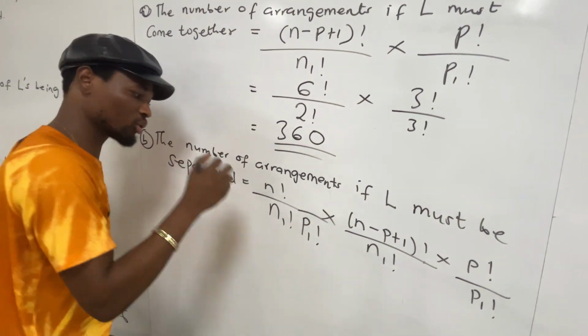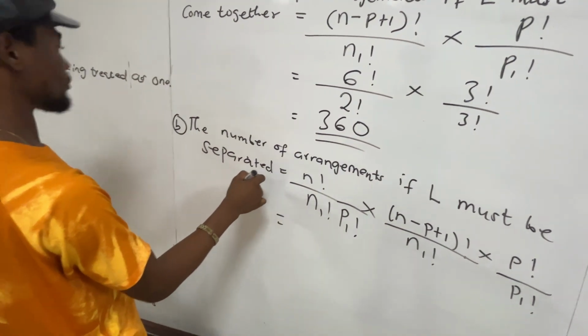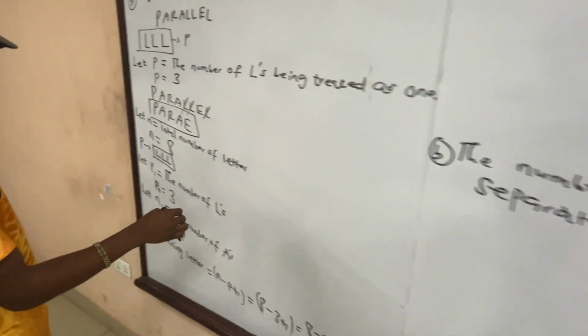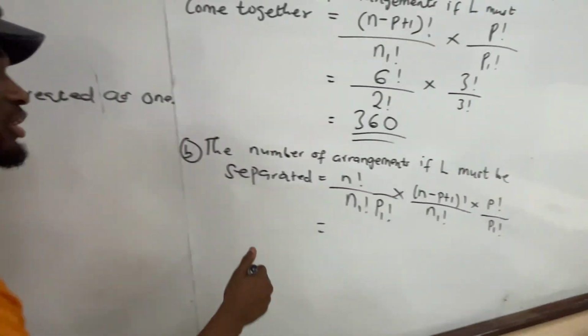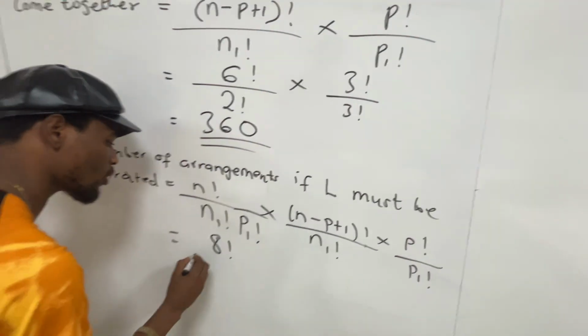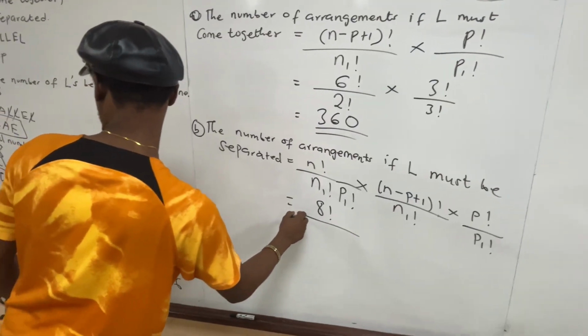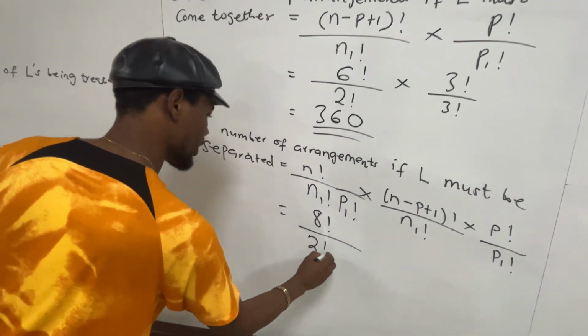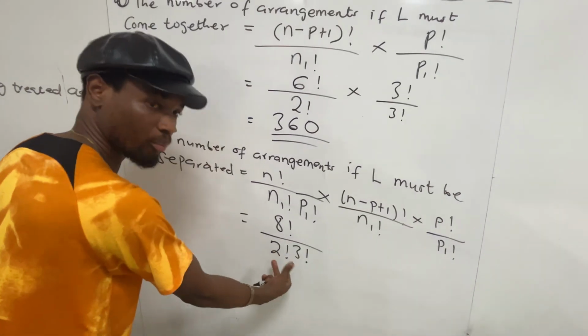And when we evaluated this, we had 360. So simply say, we know N here, viewers, we said N here is equal to 8, right? Alright, so let's do substitution. I have 8 factorial over, we said N1 is equal to 2 factorial. We said P1 is equal to 3 factorial. Then multiply them.